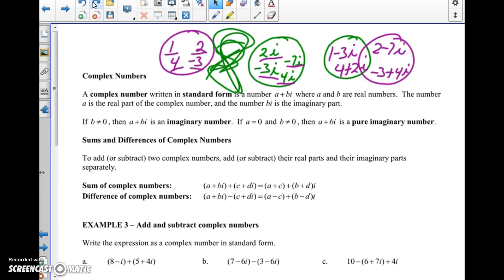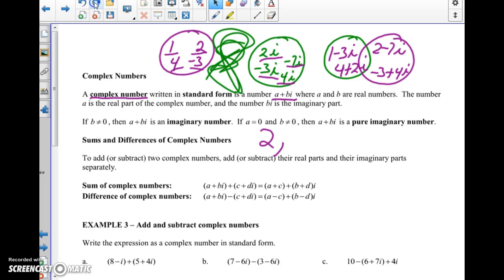Okay, here's the thing now. You have a new kind of number, a complex number. Or sometimes I call it a complex imaginary number. It's a real number and an imaginary number living together, right? Together with each other. So you now know about 3 different kinds of numbers. One is a real number.